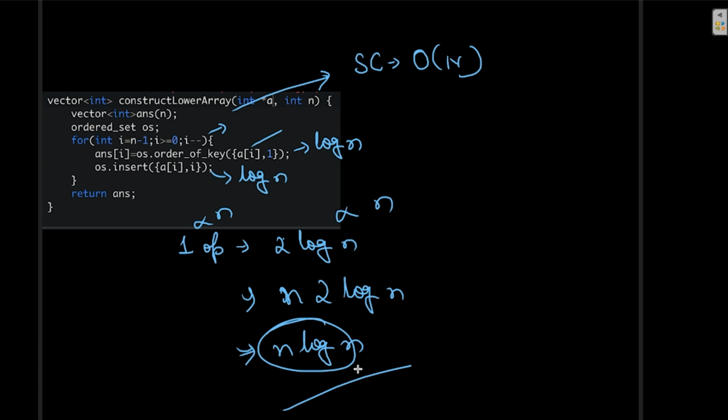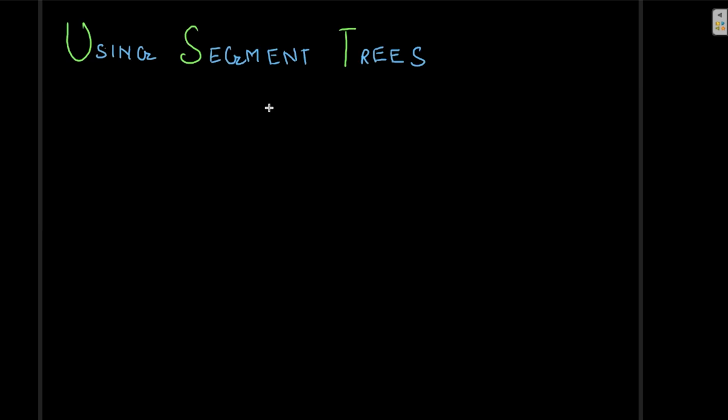Now let us discuss the third approach. The third approach is by using segment trees. The understanding and the implementation of segment tree is a prerequisite here. So consider learning segment tree from the video as well as the article link mentioned in the description.